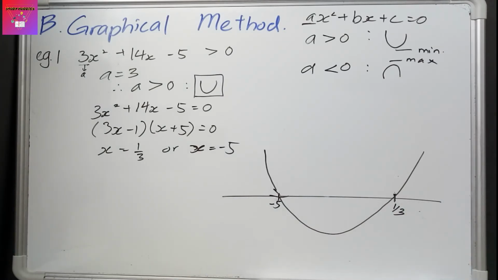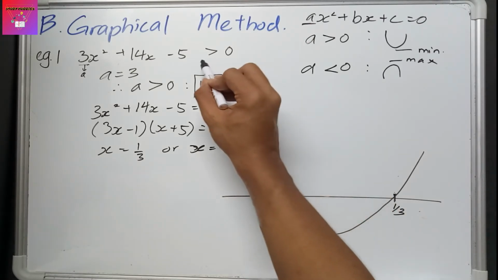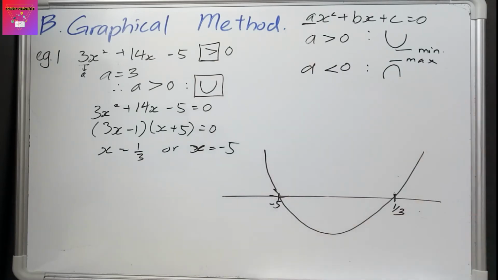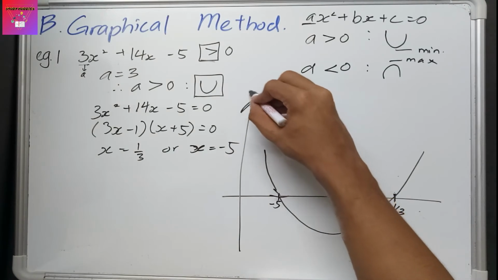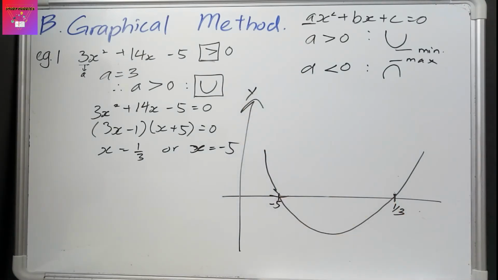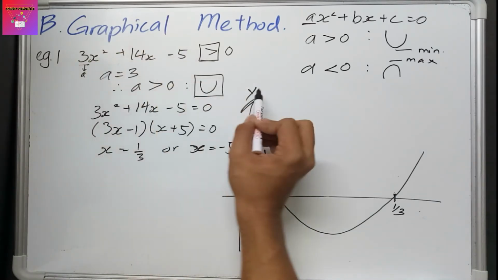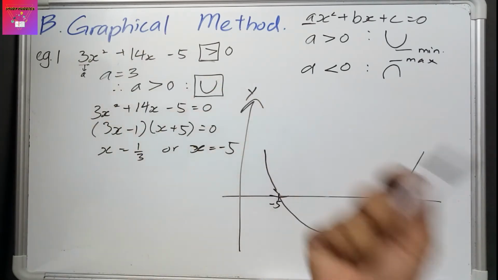So now the challenge comes here. What we have to do after this is focus on this symbol. So if we see this symbol, we can see that the equation is greater than 0. So if it's greater than 0, logically you're going to choose the positive part of the y-axis. So actually, to be very detailed, this whole equation is equal to y.